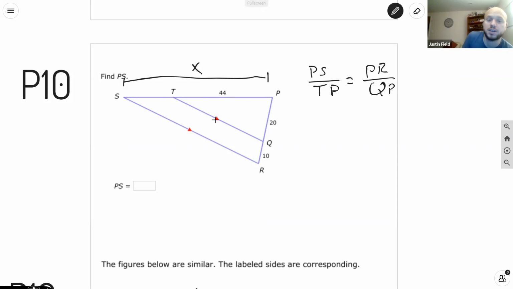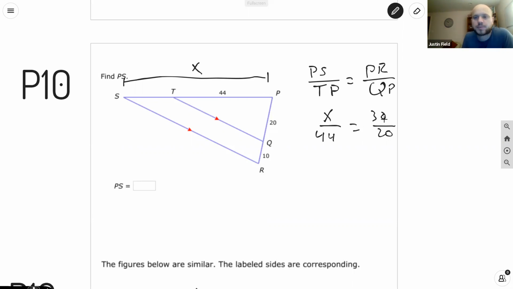And that's because of these parallel lines, so that they make this proportional. Parallel lines cut a triangle proportionally. Well, a line parallel to the base does. So now, PS is our unknown. TP is 44. PR is 30. You got to add these two together. And then QP is 20.